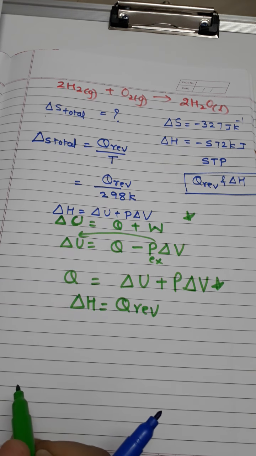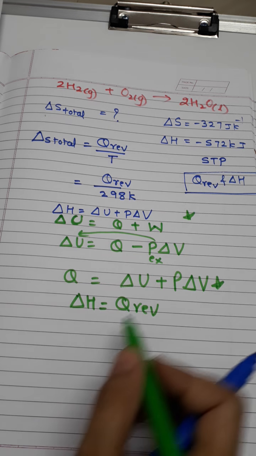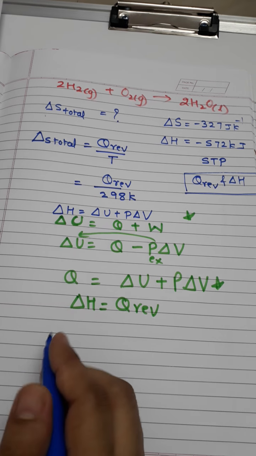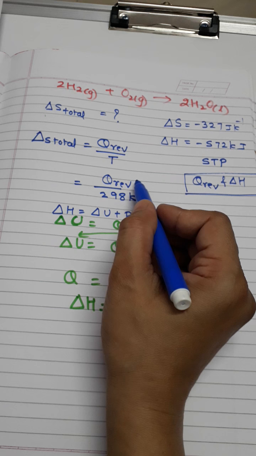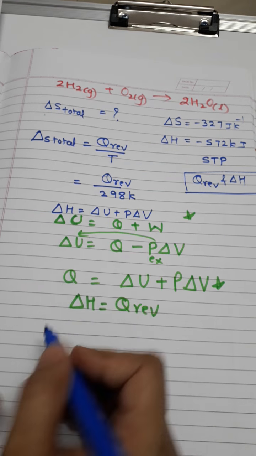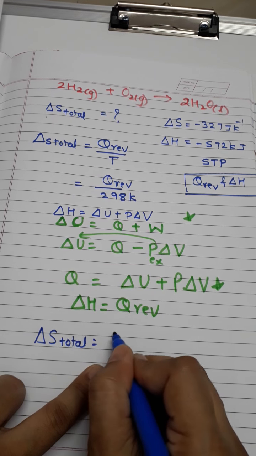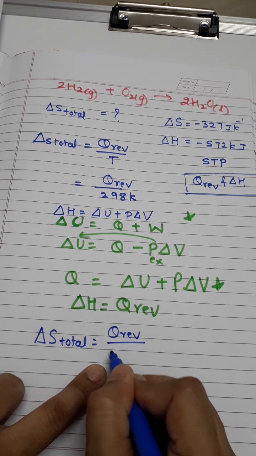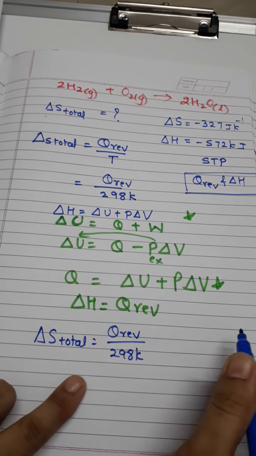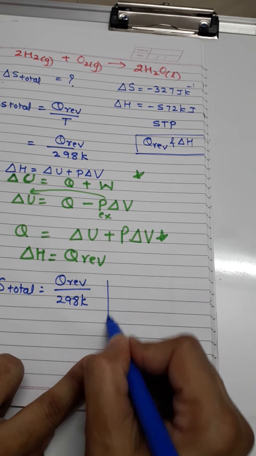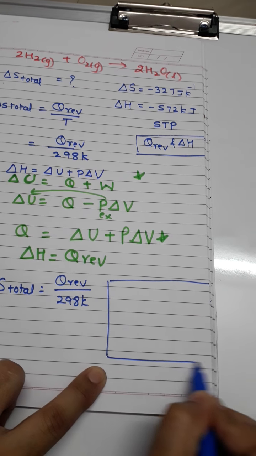But over here we have to remember one point. I write here delta S total is equal to Q reversible upon 298. Students, what you have to remember, I will just make a note of it in this column.